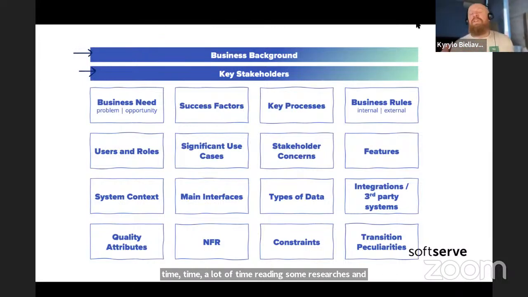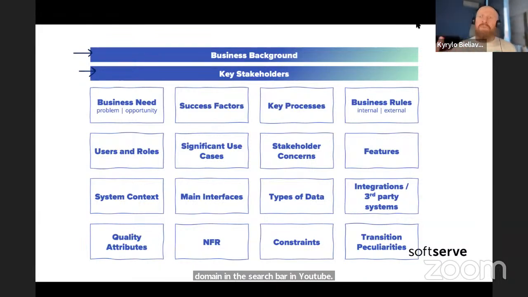But just a couple of years ago, I would put a certain domain in the search bar in YouTube, and you get a lot of videos about that, and you can just watch them and learn really fast. What you need to learn is what this business is about, how money is made in this business, what the key drivers are, and the terminology.